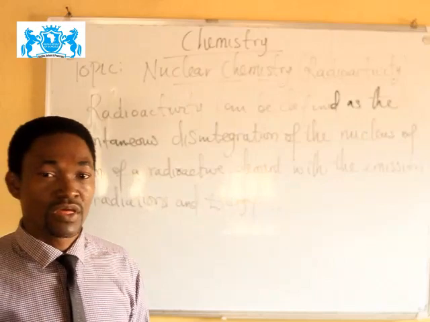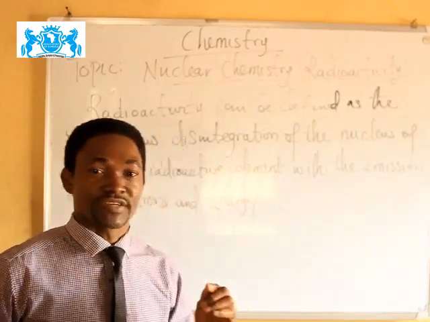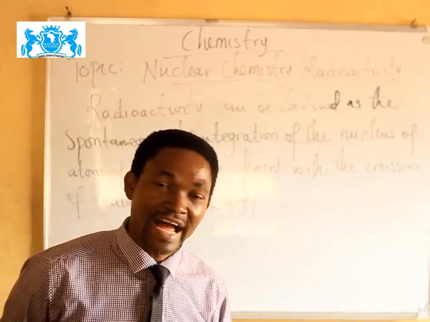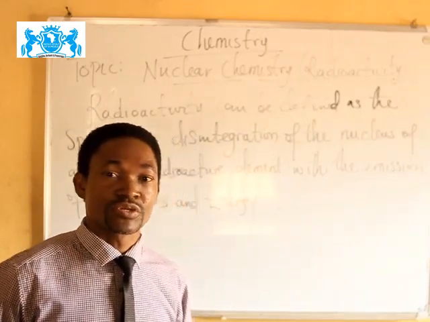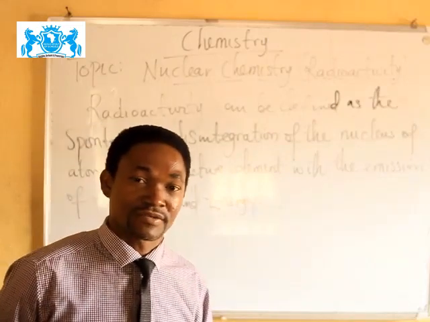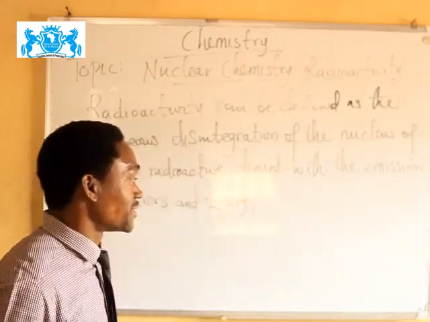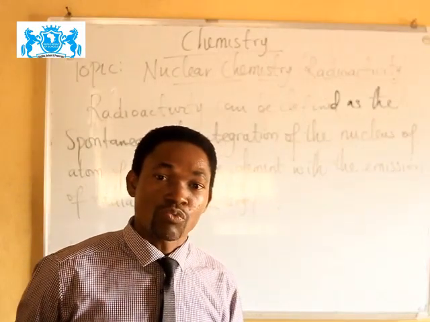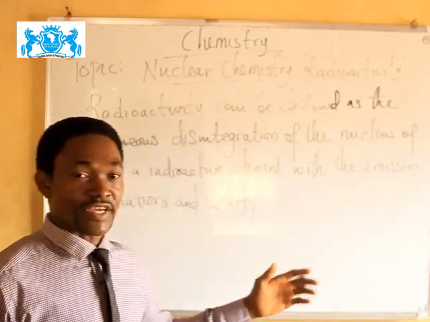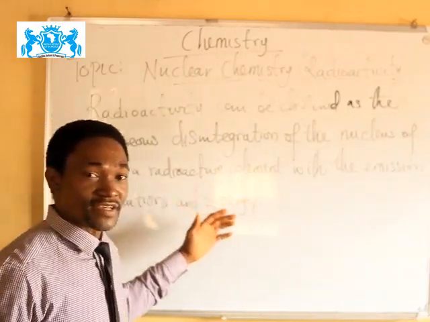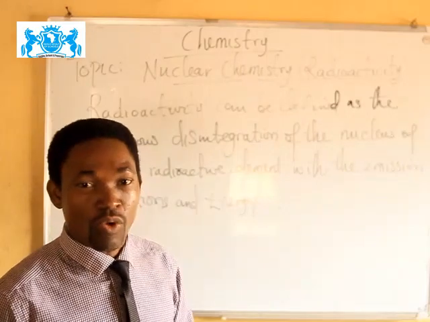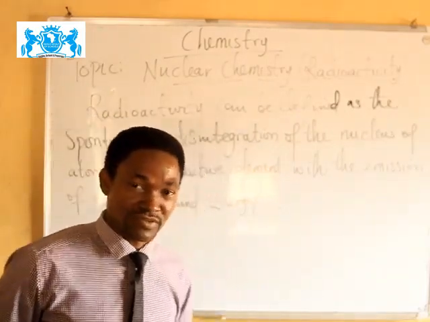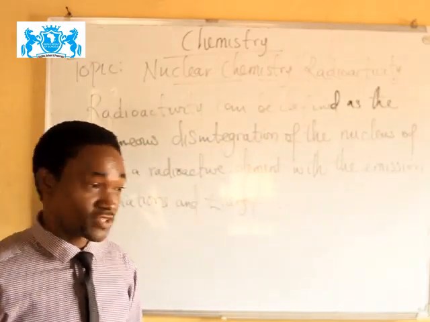Marie Curie, being the wife, continued with the research and was able to successfully isolate polonium and radium, in addition to the thorium that she and her husband did initially. And for that conclusive and well done job, the Chemical Society and the scientists put together and agreed to award her a Nobel Prize in chemistry. She was the very first person to be given a Nobel Prize in chemistry.